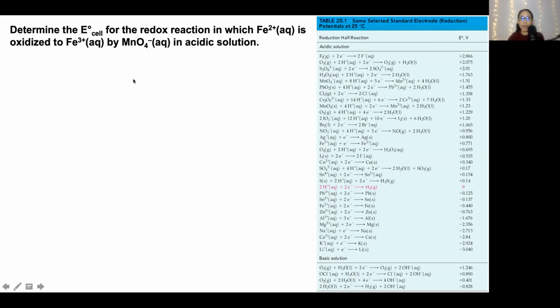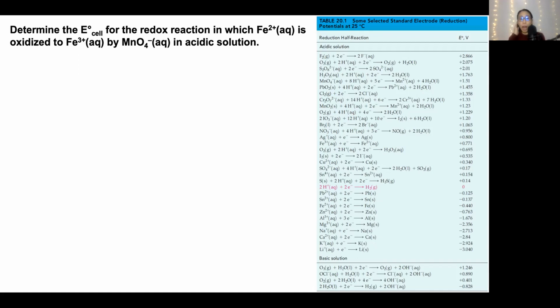Okay, so let's try another problem. So determine the standard cell potential for the redox reaction in which iron 2 is oxidized to iron 3 by permanganate in acidic solution. So if you have already watched the video on how to balance redox reactions, most often you have redox reactions that take place in acidic conditions and redox reactions that take place in basic conditions.